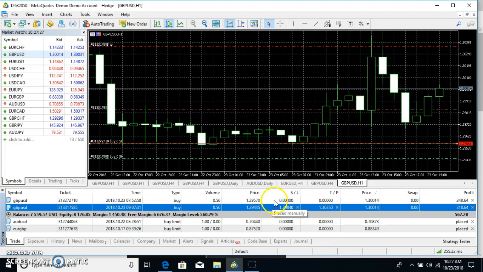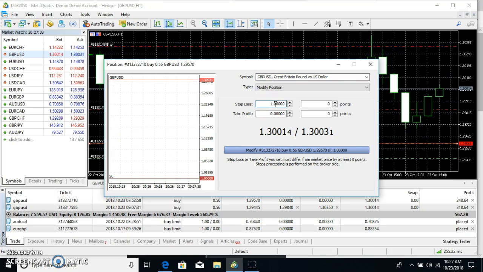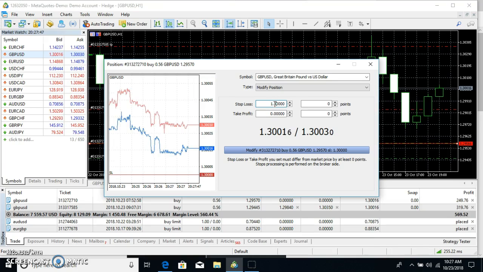So if I change this one, I'll show you how I do it. Let me modify the position. I'll put this one at 1.30 or 1.2980.